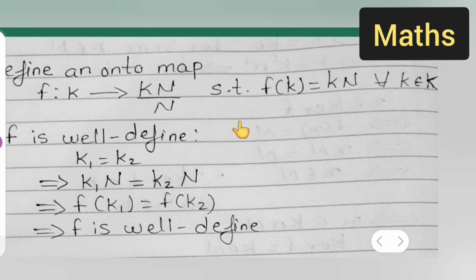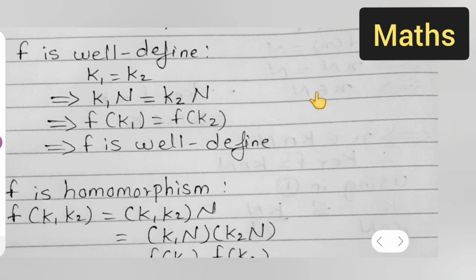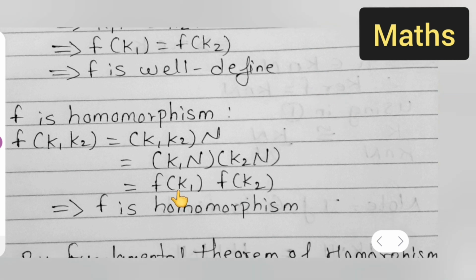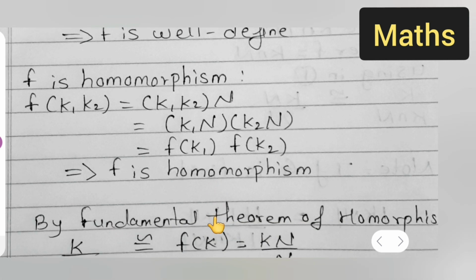We are using the condition f of k is equal to kN. So f of k1 k2 is equal to f of k1 times f of k2. Now this implies that f is a homomorphism.